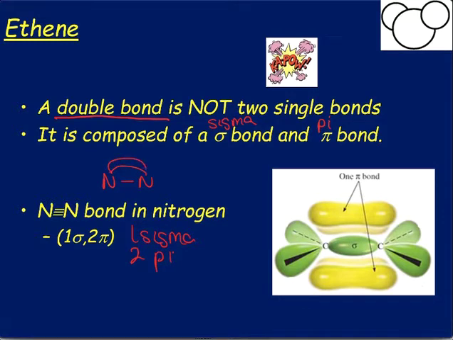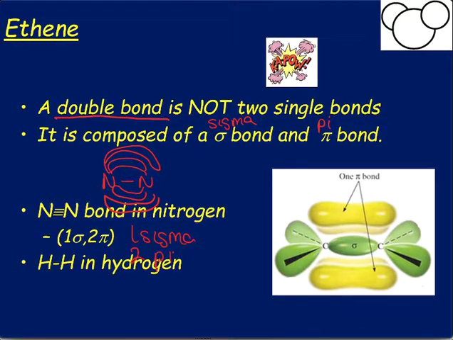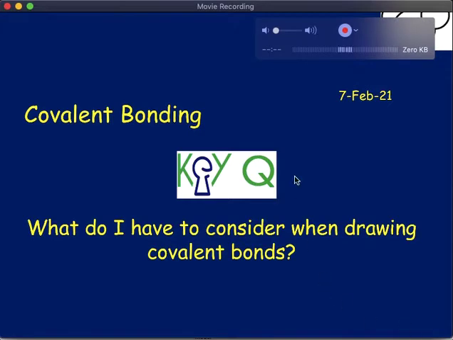There will be a pi bond, and there will actually be a second pi bond above and below this. In reality, the HH in hydrogen is just one sigma bond because it is a single bond. So in your notes now you have done nitrogen, you have oxygen in there, you should be able to do, and there are 2 questions at the very bottom for you. Okay, so we're going to leave that there for now.